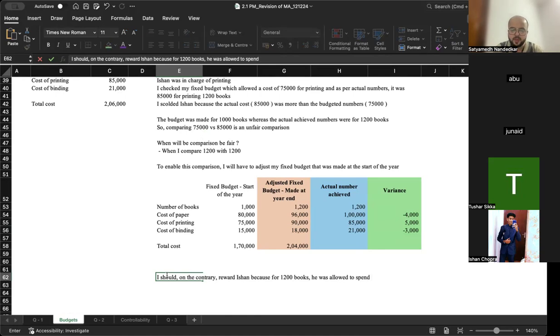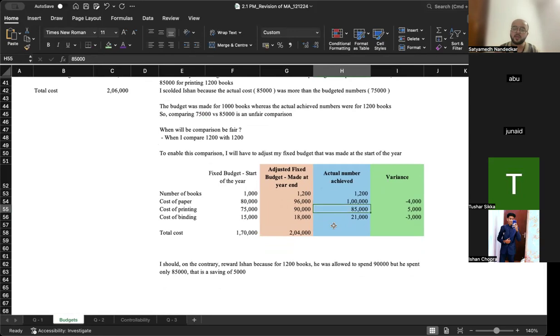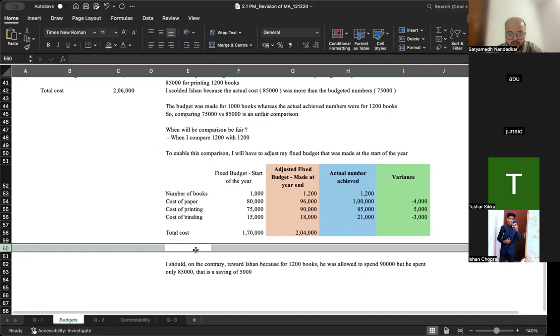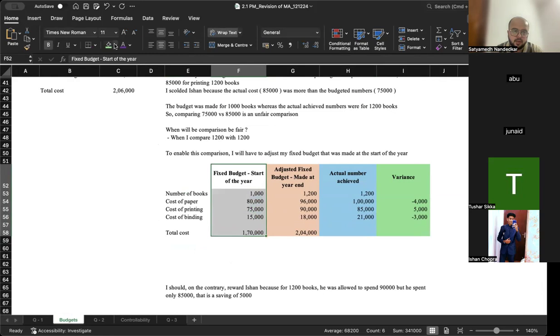He was allowed to spend 90,000 but he spent only 85,000. That is a saving of 5,000. So he was allowed to spend 90, he ended up spending 85, and now this 1200 to 1200 comparison is valid. Now, this is your static fixed budget made at the start of the year. Okay, this is budget made at the start of the year.